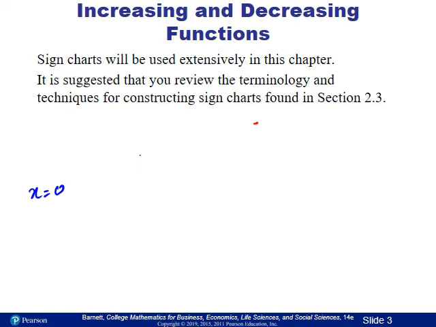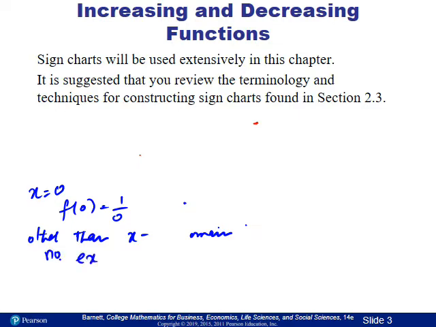If I say x equals 0, f of 0 is 1 by 0, which is undefined. So other than x equals 0, the domain is the set of all real numbers except 0.